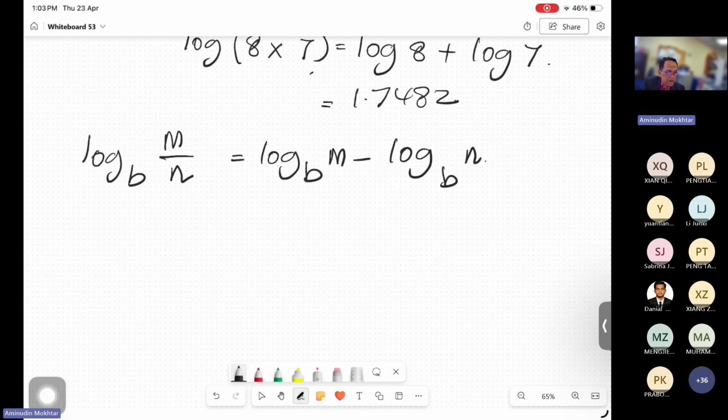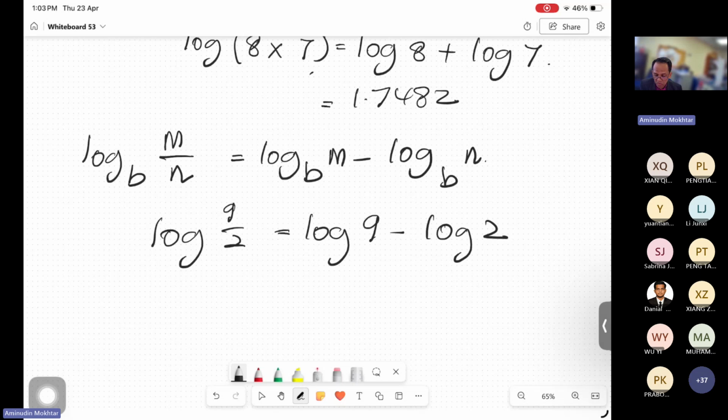That is the relationship for log b of m divided by n. For example, given log 9/2, this equals log 9 minus log 2.